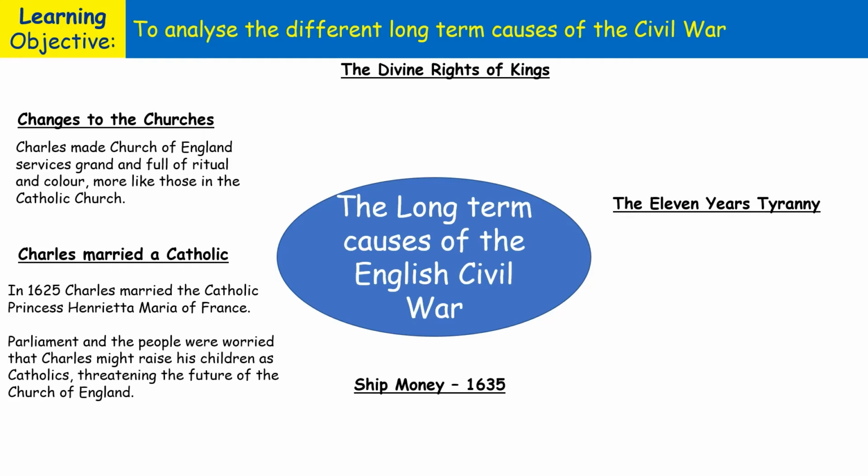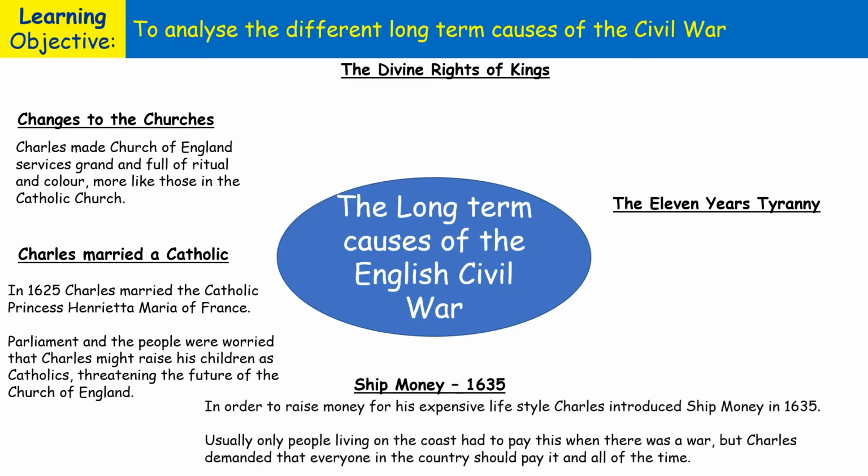The next long-term cause that we have is ship money, which came about in 1635. In order to raise money for his expensive lifestyle, Charles introduced ship money. It was also meant to be introduced for when England was at war with foreign countries. However, Charles was really abusing this tax and raising it for illegitimate reasons, according to Parliament.